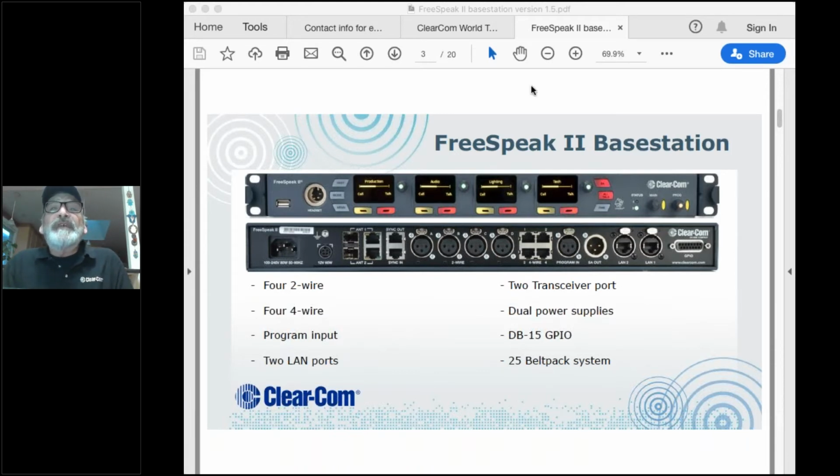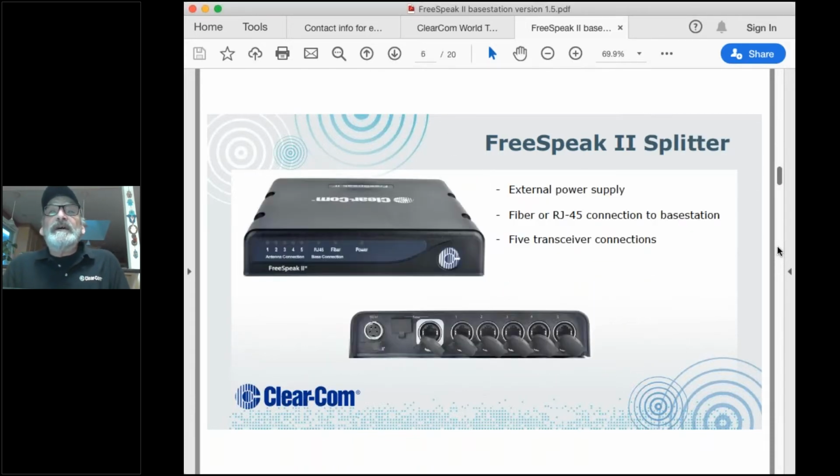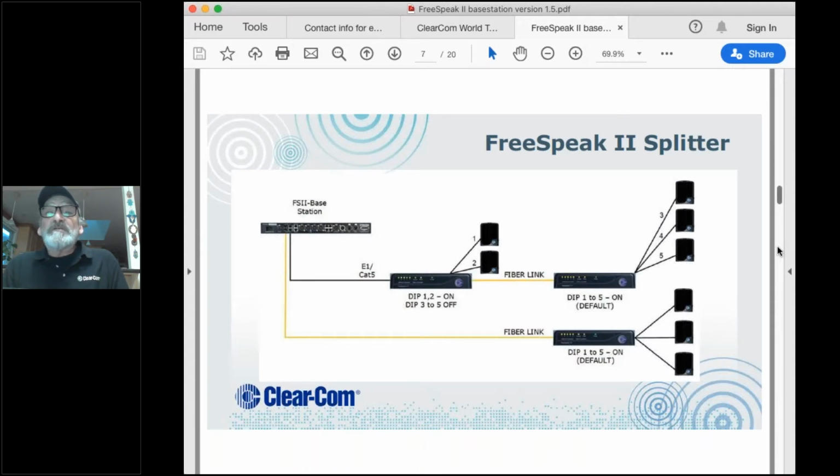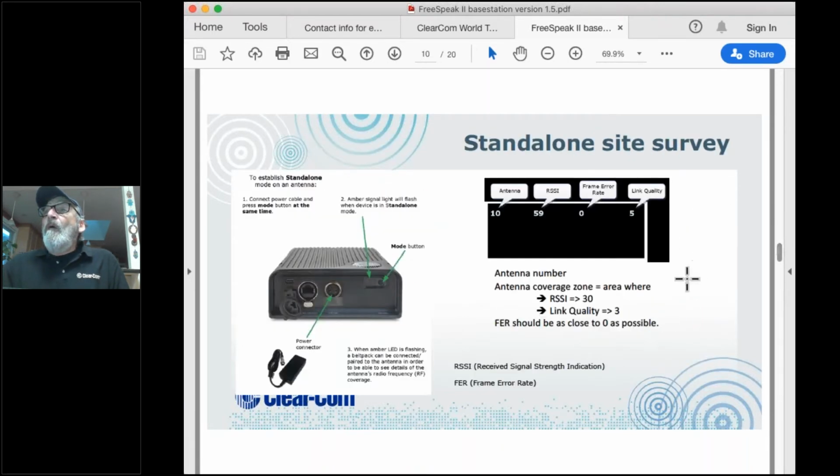Okay, Bob asks, IBM shows notwithstanding, have there been any real world issues with 2.4 systems in Wi-Fi rich environments? Absolutely, buddy. Bob, I can tell you that it's not so much that the Freespeak system interferes with the Wi-Fi, but the Wi-Fi definitely can affect the 2.4 connectivity of the Freespeak system.